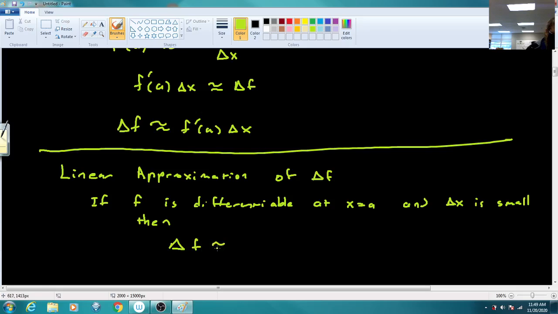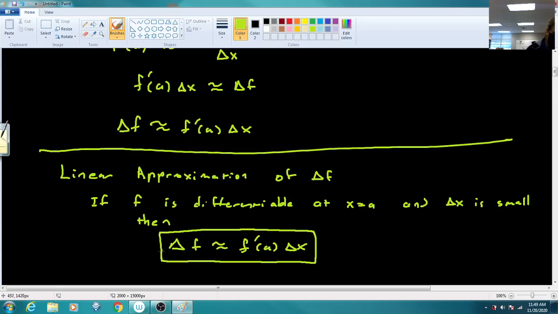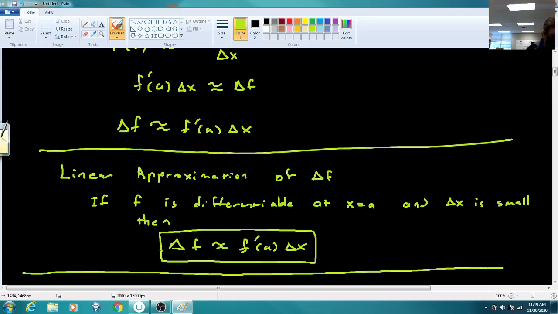Delta f is about equal to f prime of a times delta x. Okay, and then I guess they also note where the delta f was equal to f of a plus delta x minus f of a.